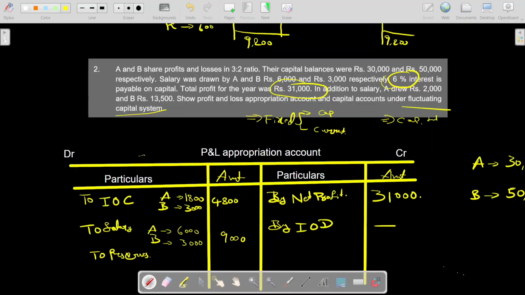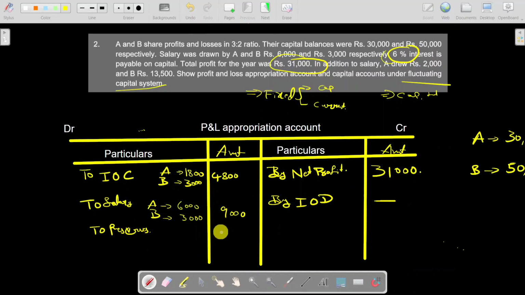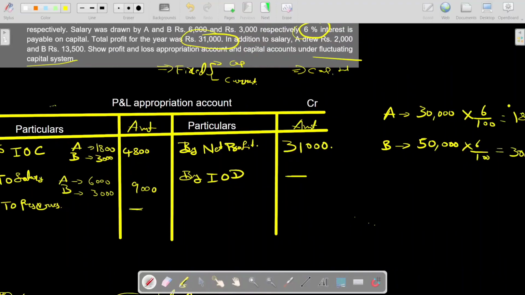And do we have any reserves? No. Right. And what is the net profit, the divisible profit, in this problem? In the credit side we will have 31,000. In the debit side we will have 9,000 plus 4,800, which is 13,800.